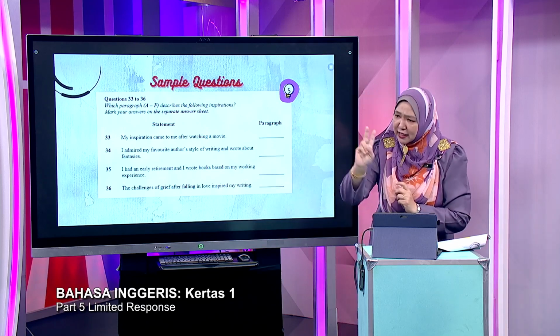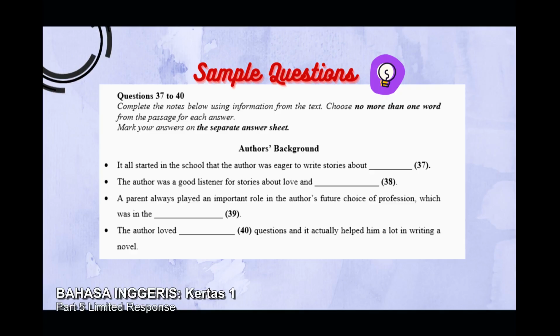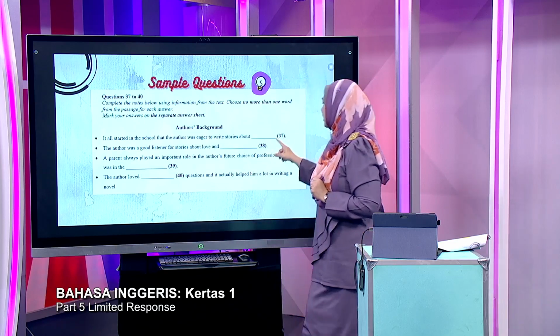Next, the second task, the one-word response. Question 37 to 40. Complete the notes below using information from the text. Remember, information from the text. Not information, not ideas, not words. Choose no more than one word from the passage for each answer. No more than one word. So write your answer here.